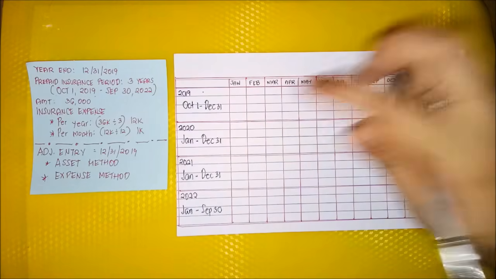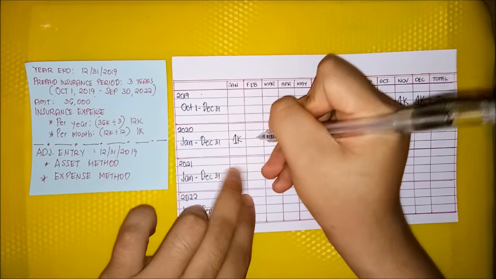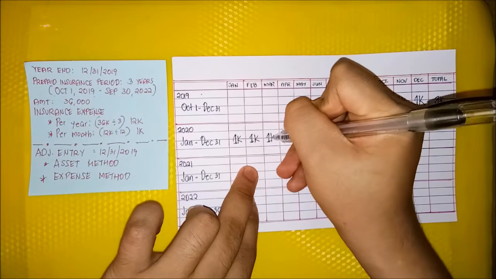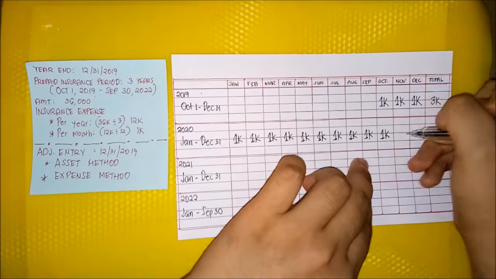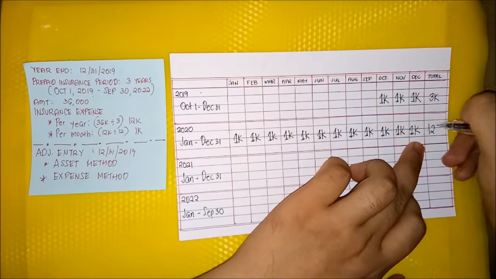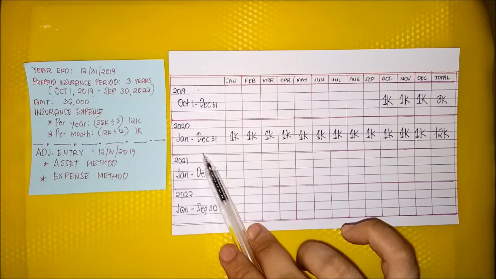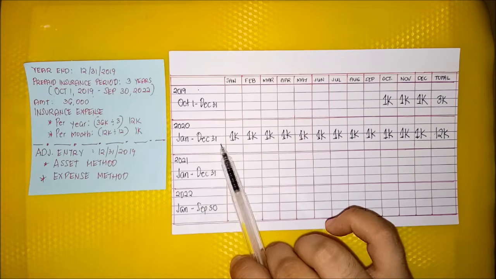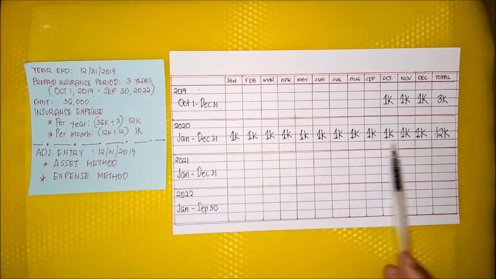So, for 2020, we have 1,000 per month, 1,000 sa January, sa February, okay, so for the period ng January to December 31, 2020, may tigwa 1K na insurance expense.